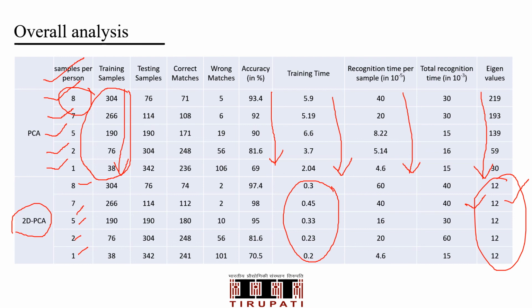That you can see from these values. So if we are training the model with one image, then the number of eigenvectors required is 30. Whereas if we are training the model with 8 images, then the required eigenvalues are 219. From this, we can clearly say that 2D PCA is faster in training. Not only faster, but is more accurate than 1D PCA.